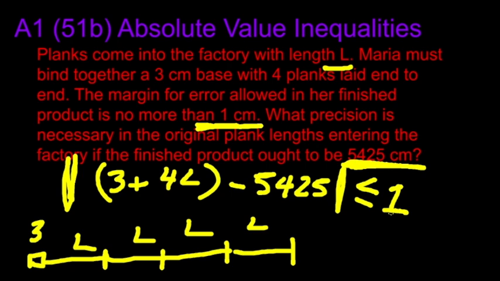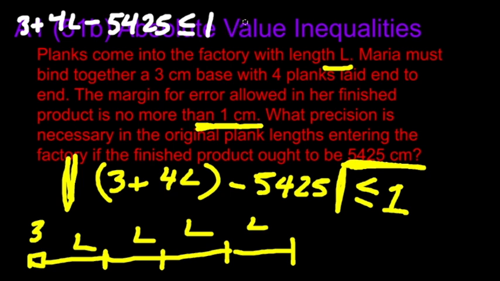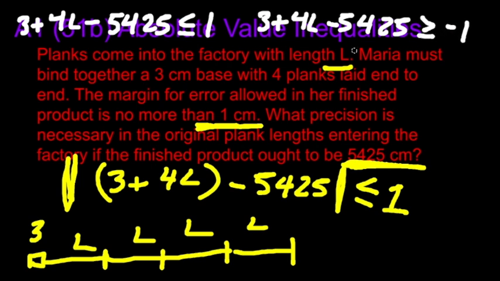All right, so breaking that into 2 pieces, let me just roll up top and start writing over this. We've got 3 plus 4L minus that is less than or equal to 1, or 3 plus 4L minus that can be greater than or equal to negative 1.